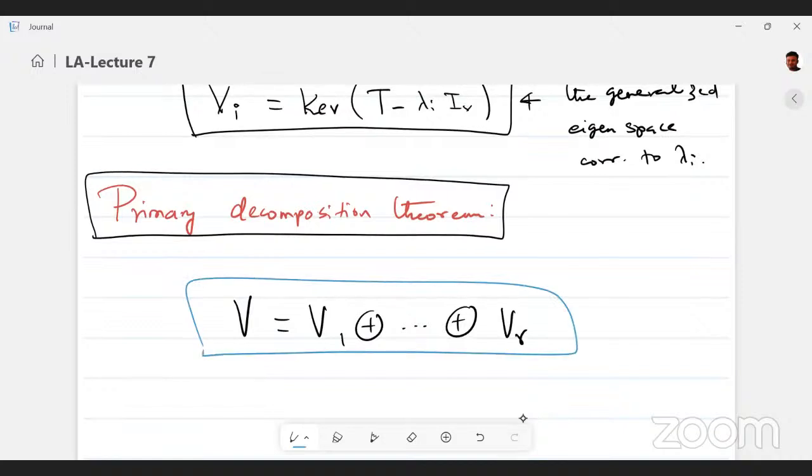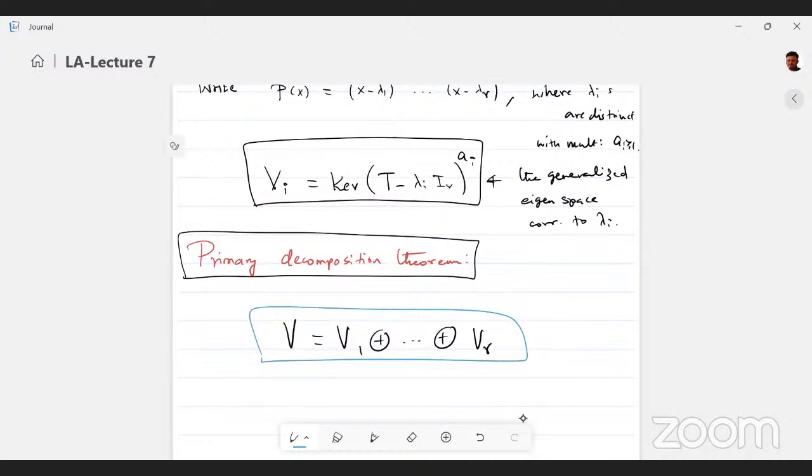Note that because these Vi's are nothing but the kernel of some polynomial in T, all of them are T invariant subspaces.